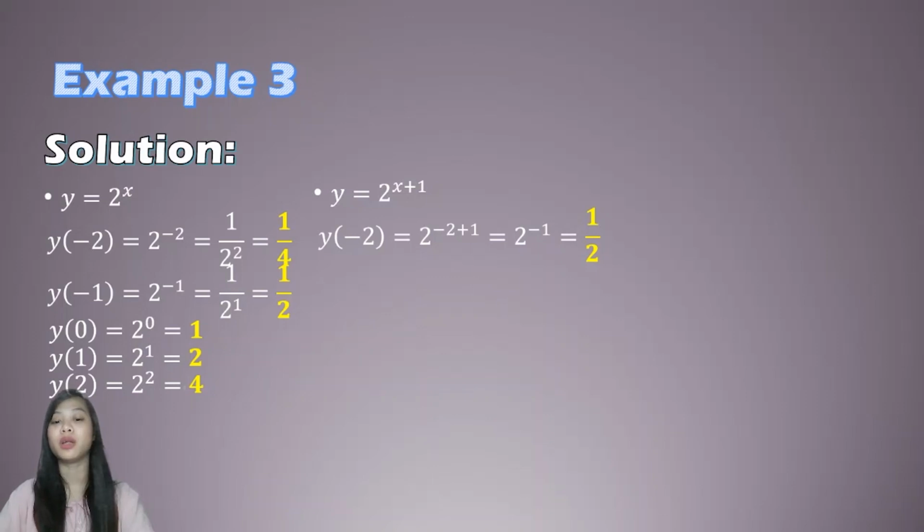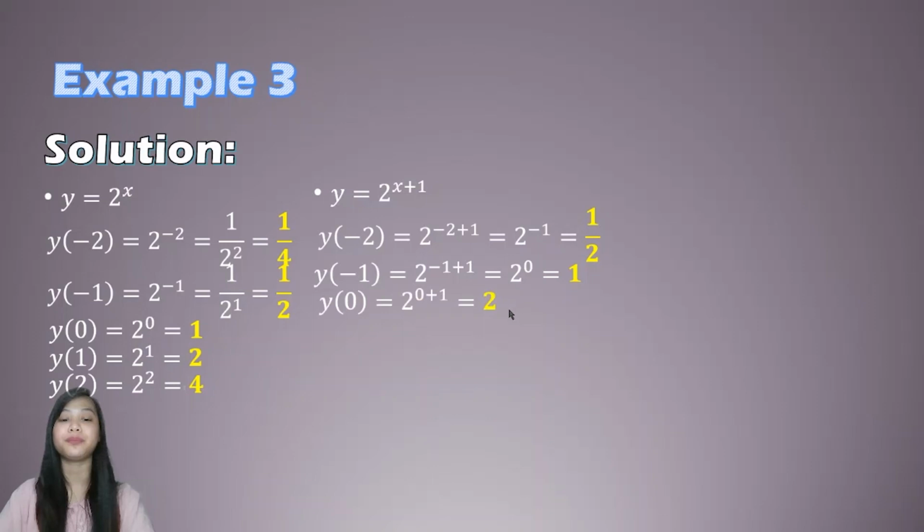So our exponent now is negative 1, and 2 raised to negative 1 is 1/2. For y of negative 1, we have 2 raised to negative 1 plus 1. The exponent is negative 1 plus 1, which equals 0, so 2 raised to 0 is positive 1.